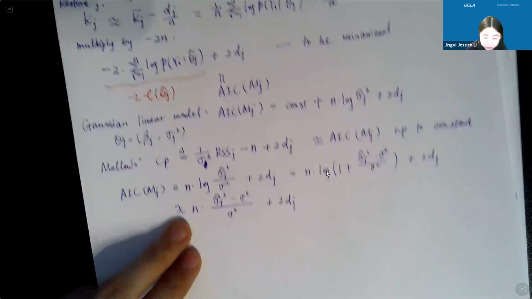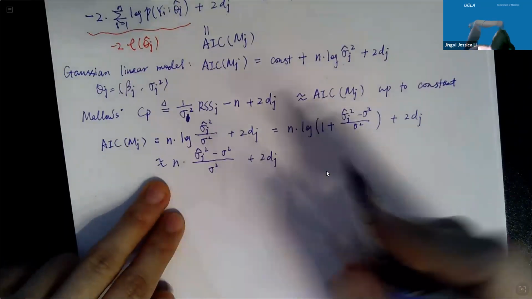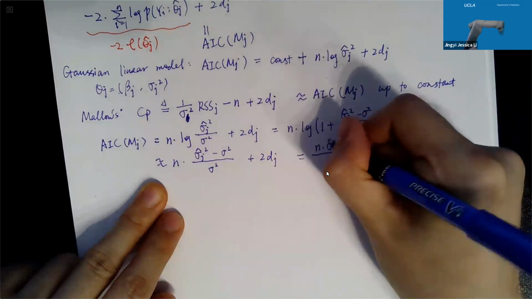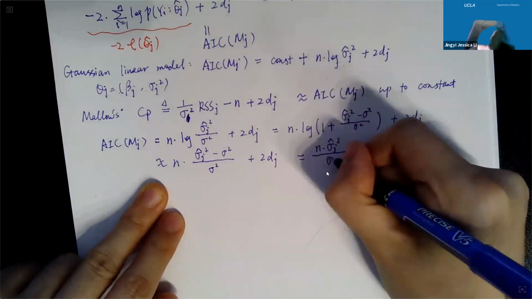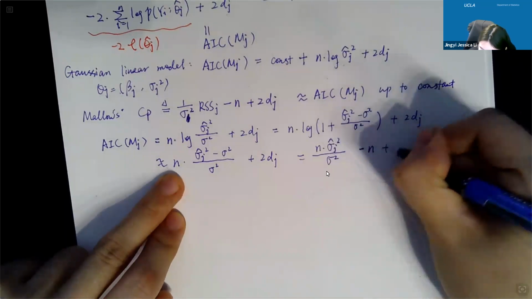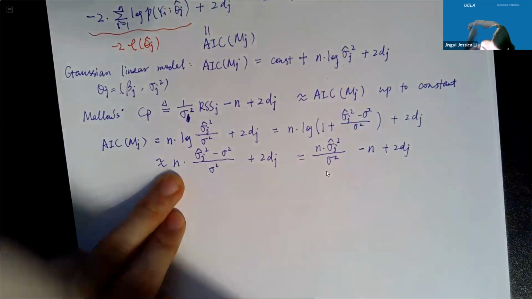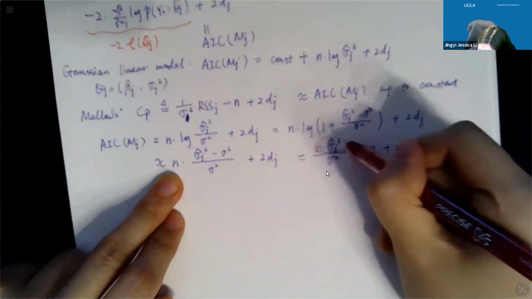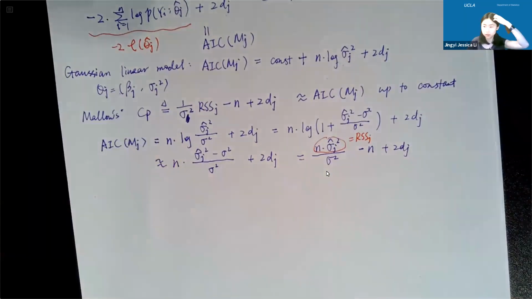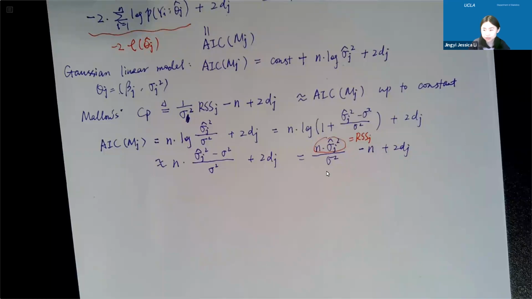And then finally, you see, I get n times sigma j hat square over sigma square, minus n plus 2dj. And I'm done, because I know this numerator is exactly the definition of RSSJ. So that's how we can connect the Mallow CP with the AIC. That's why people often say they are equivalent.